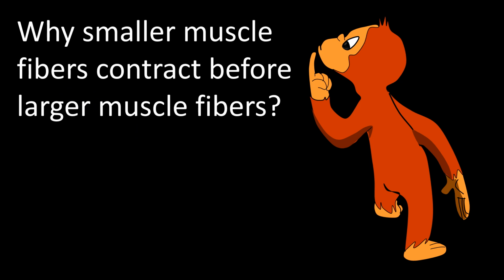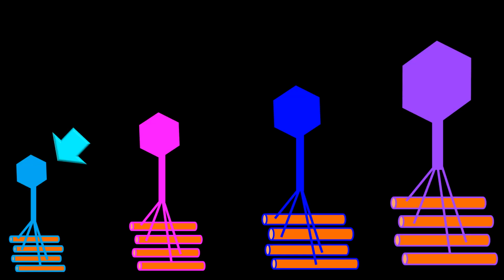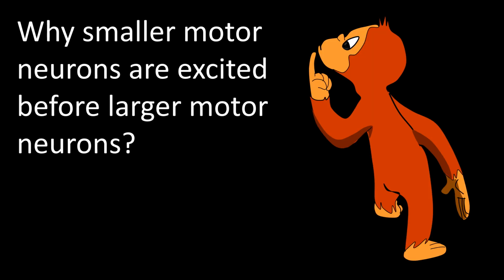Why do smaller muscle fibers contract before larger muscle fibers? Because smaller motor neurons become activated before big motor neurons. Why are smaller motor neurons activated before larger motor neurons?